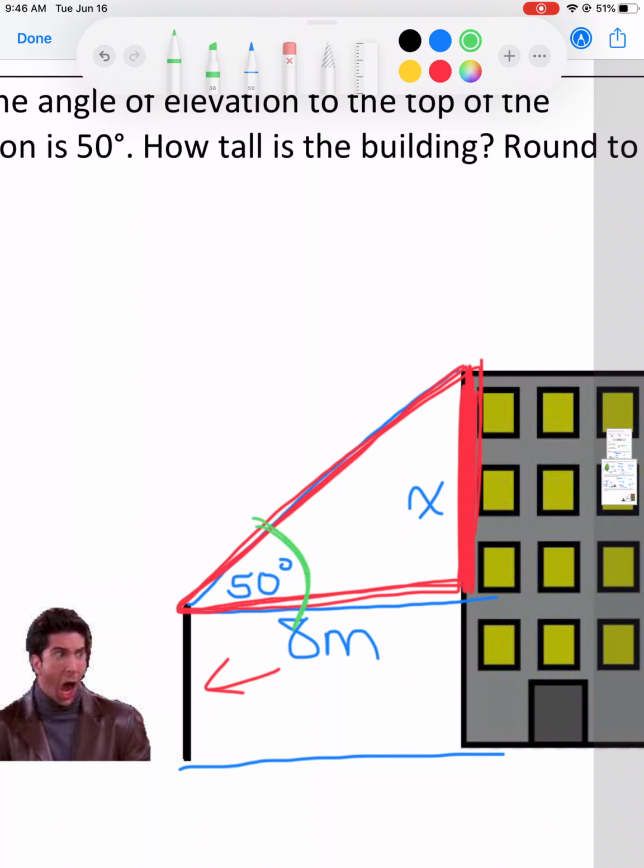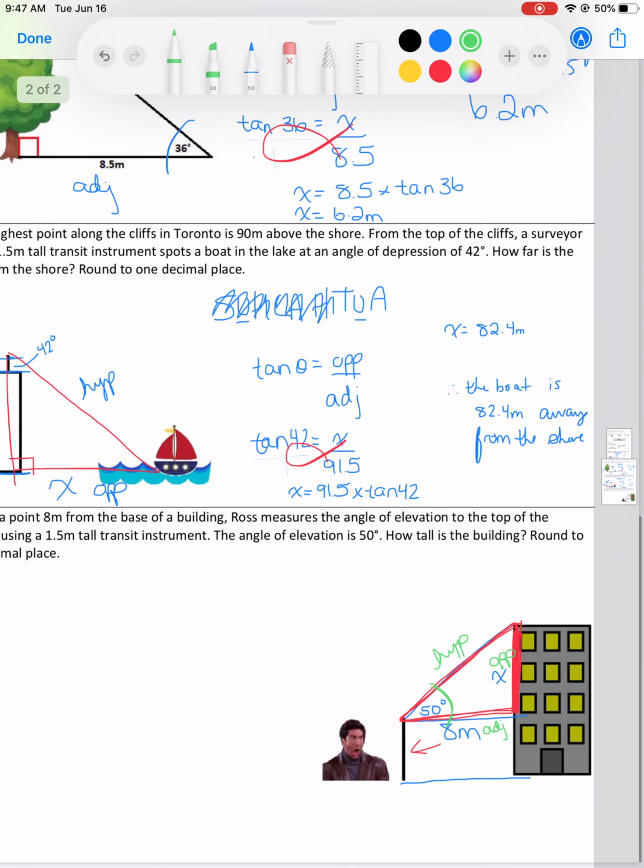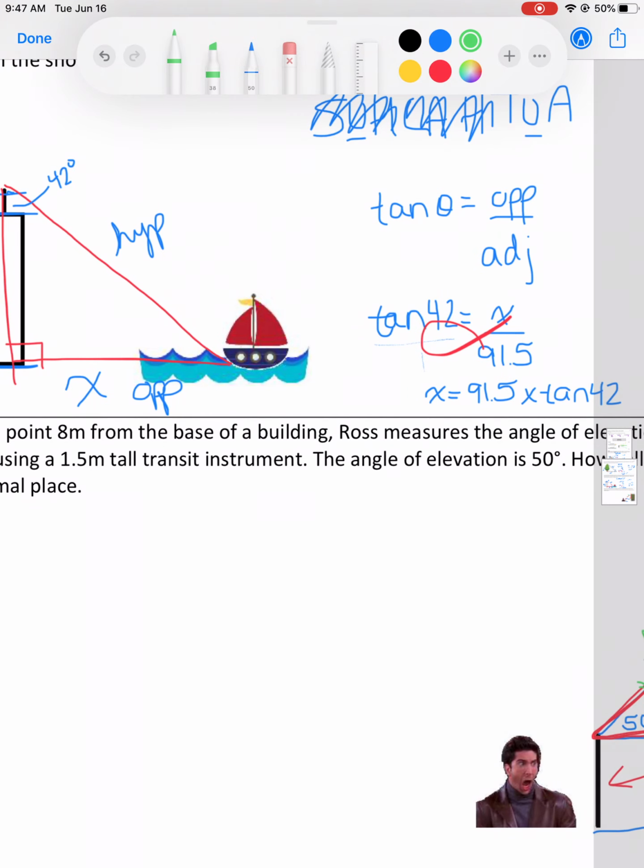Here's my angle. Here's my hypotenuse. Here's my opposite. And here is my adjacent. I do find that happens a lot in word problems because a lot of the time, you don't really need the hypotenuse. You need more the distances and the heights. That's just what I've found in my good old days.